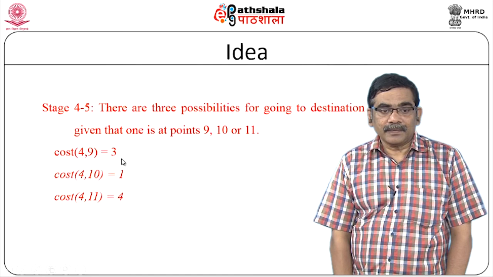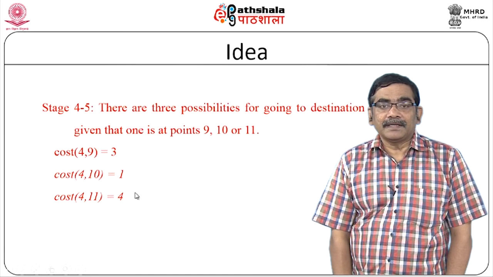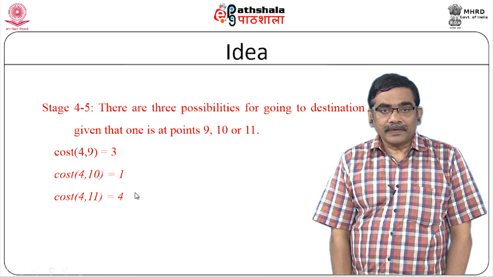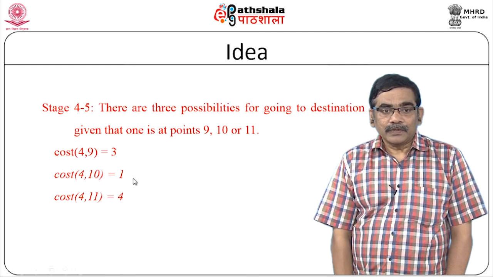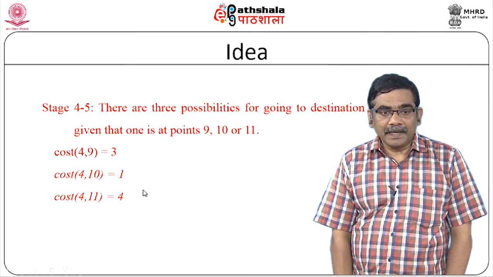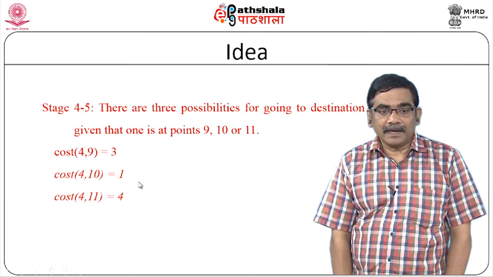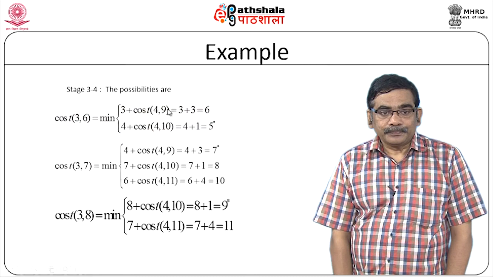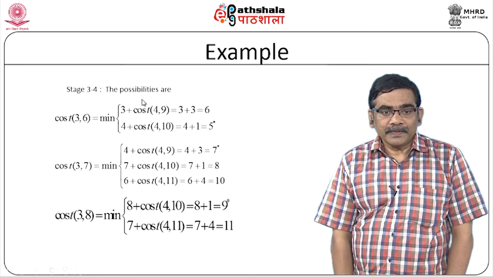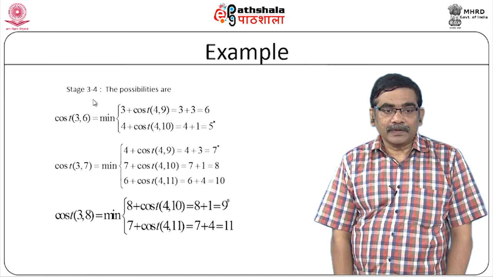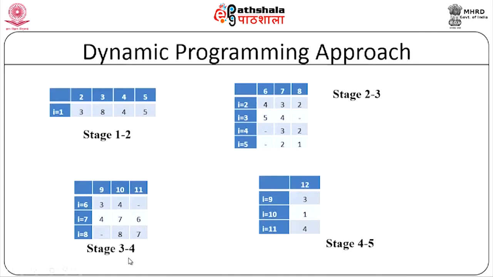So, this is what your scenario is all about. So, you can see backward reasoning means you are coming from your destination. So, you have to find what is the minimum. So, minimum is 4 comma 10 is going to be the minimum.